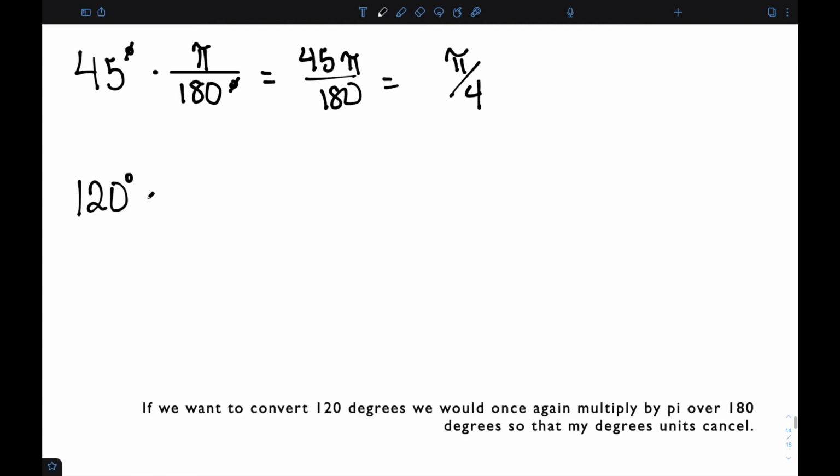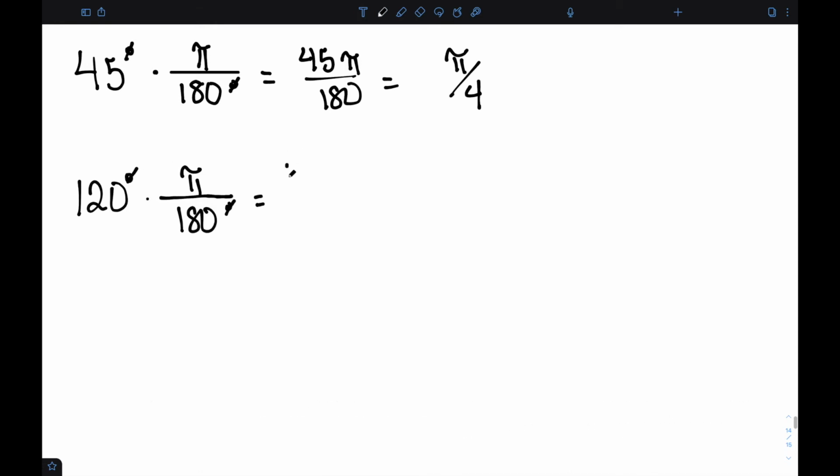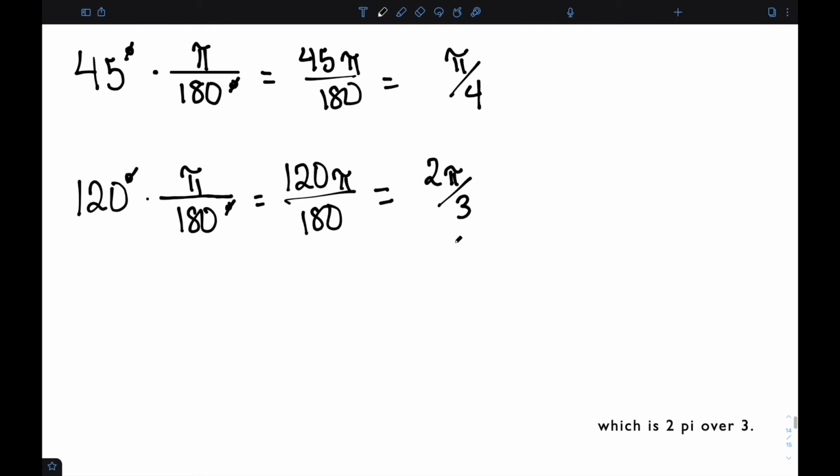If we want to convert 120 degrees, we would once again multiply by pi over 180 degrees so that my degrees units will cancel. And I have 120 pi over 180, which is 2 pi over 3.